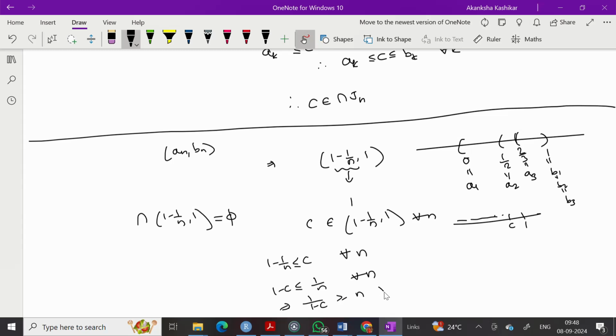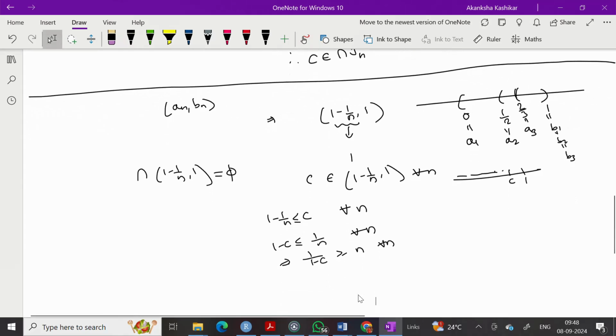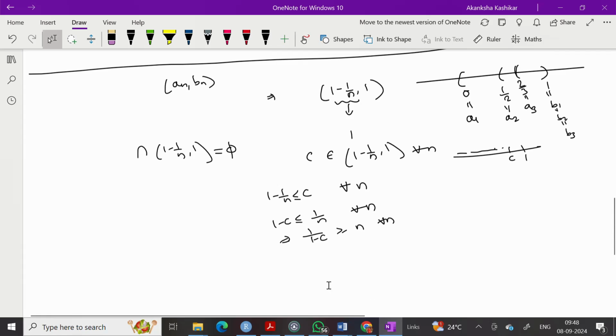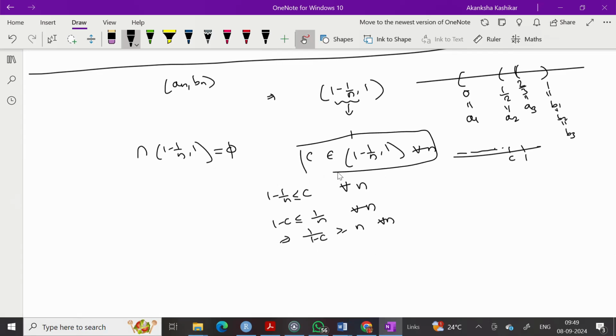So we would claim that the set of natural numbers is bounded by 1 by (1 minus C), which we know is a contradiction to the Archimedean property. Hence, this cannot be true. So this becomes false. And by contradiction, we have established that the intersection of 1 minus 1 by n to 1 is empty.